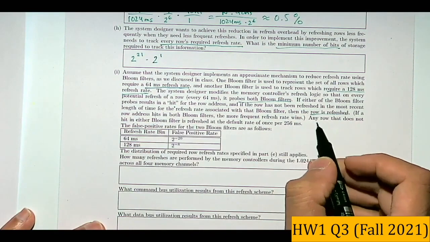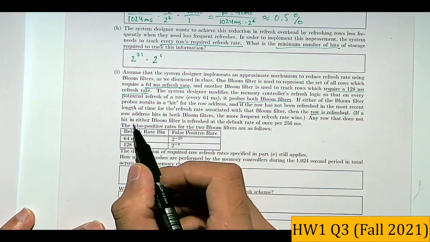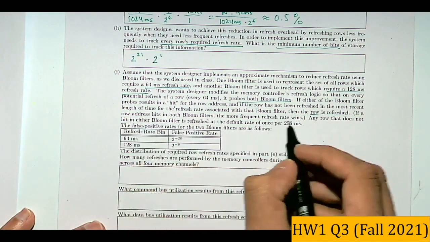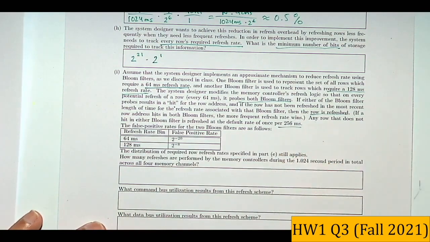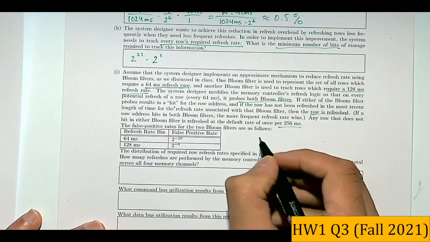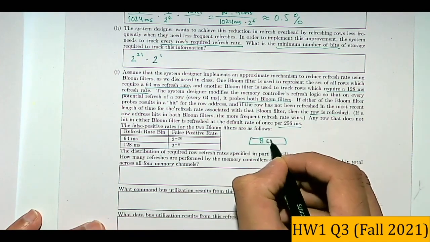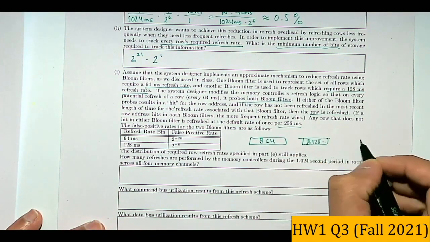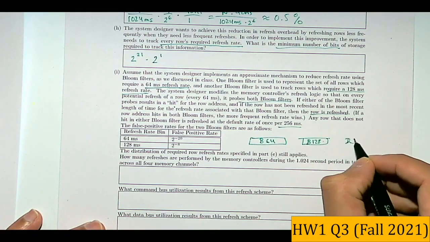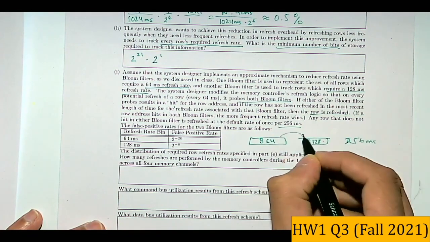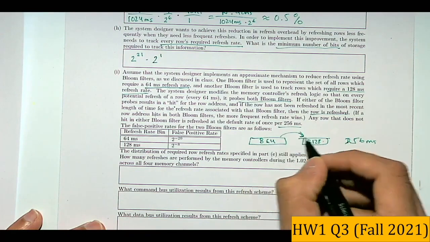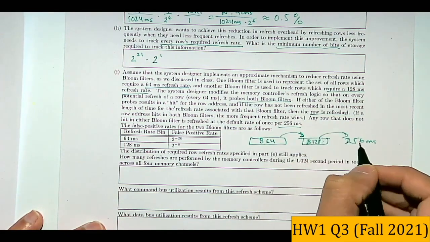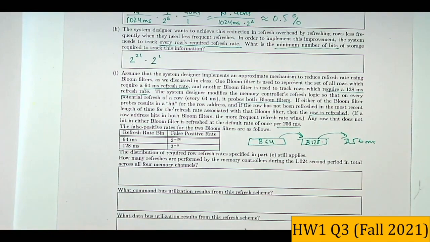Any row that does not hit in either Bloom filter is refreshed at the default rate of per 256 milliseconds. So we have a Bloom filter for 64 milliseconds, a Bloom filter for 128 milliseconds, and the default of 256 milliseconds. We probe these two, where the 64 millisecond has priority, and if neither is a hit, we use the 256 millisecond quantity.